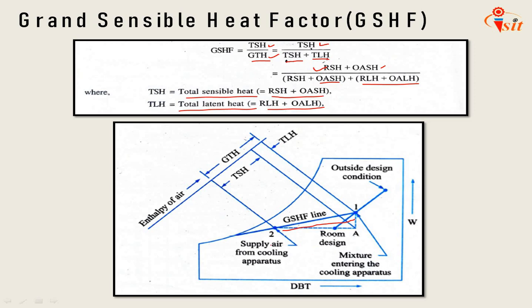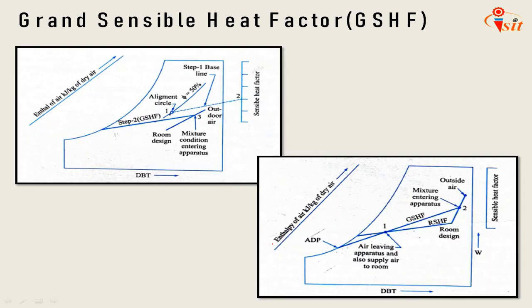If the GSHF and the mixture condition entering the apparatus are given, the GSHF line can be drawn with the help of the sensible heat factor scale, in the same way as we discussed for the room sensible heat factor. That is also shown in the figure. With the mixture condition entering the apparatus and the GSHF, we can easily find the required parameters.